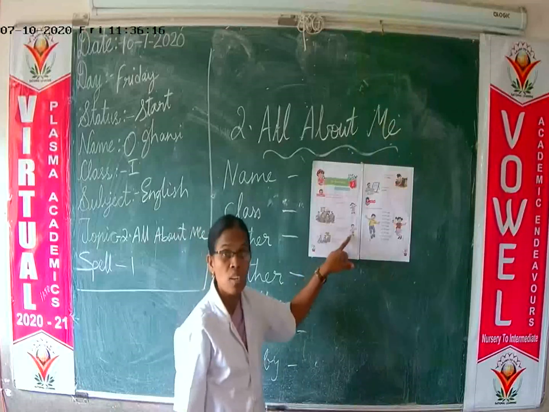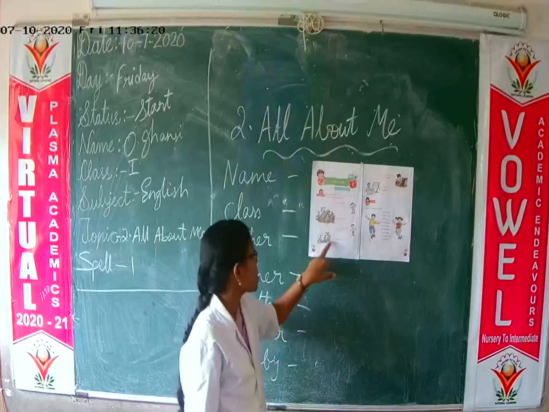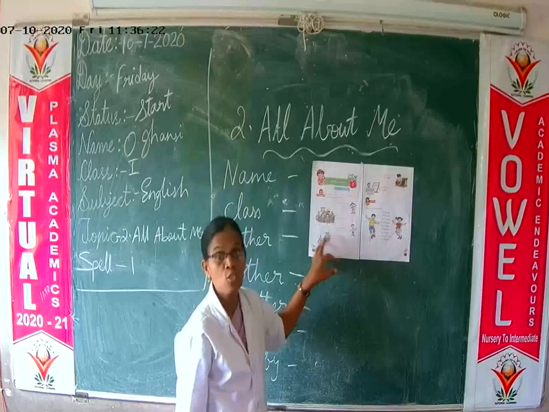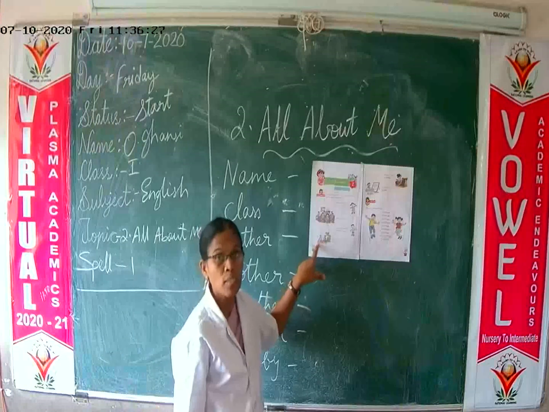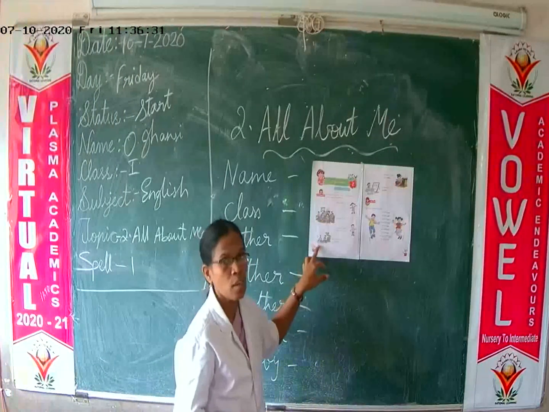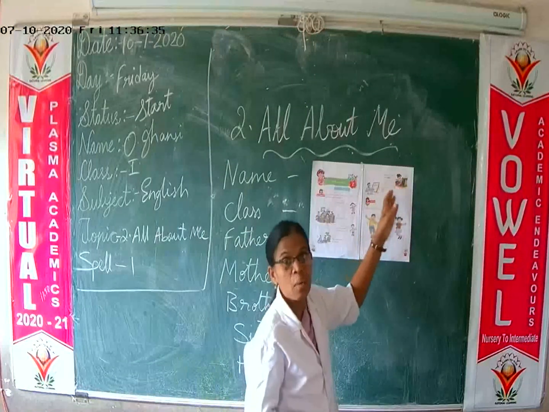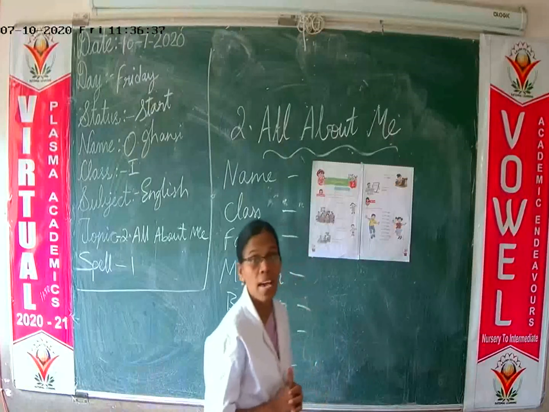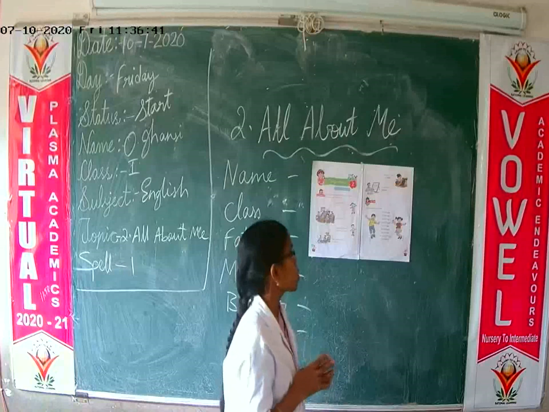Yes, about her brother, how they cycle with each other. Sarah likes to cycle with her brother. Then she is telling about her mother. Yes, Sarah's mother works in an office.